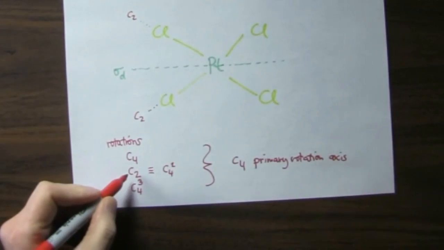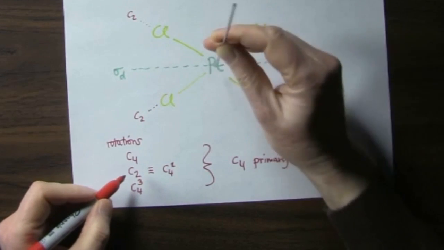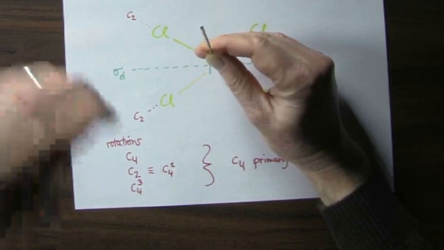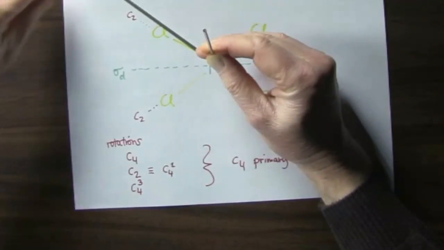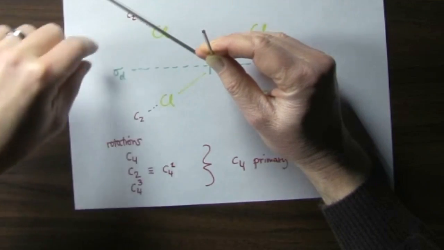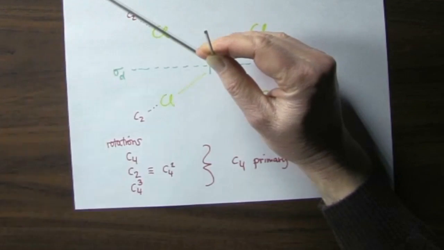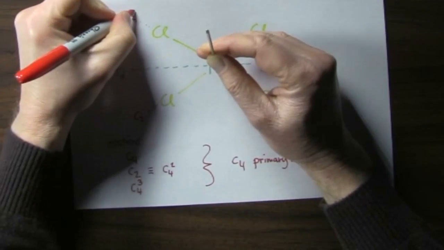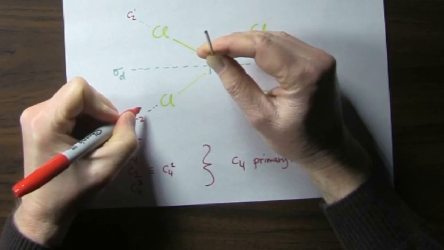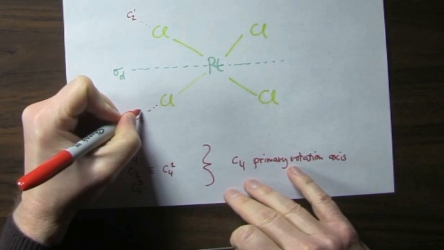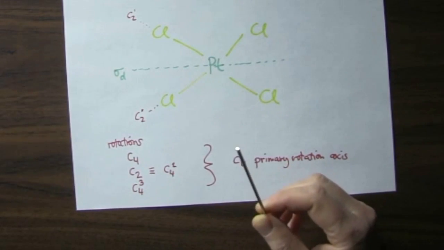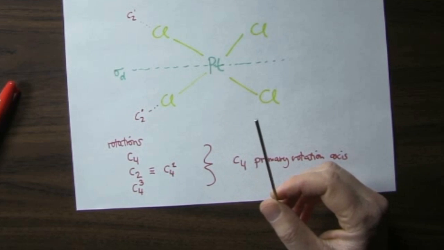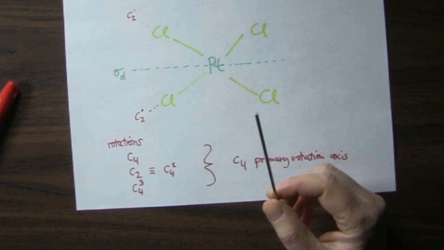We saw earlier there's actually a C2 right here. And these C2 axes are perpendicular to that. So to distinguish the axis from this axis, we're going to call it C2 prime, C2 double prime set of rotation axes.